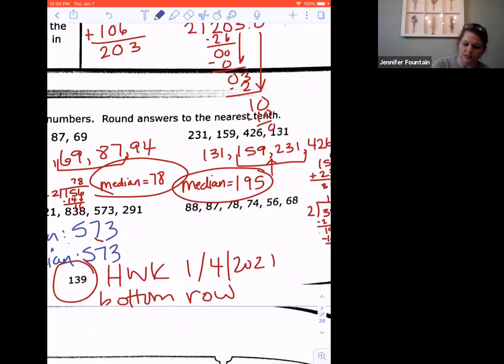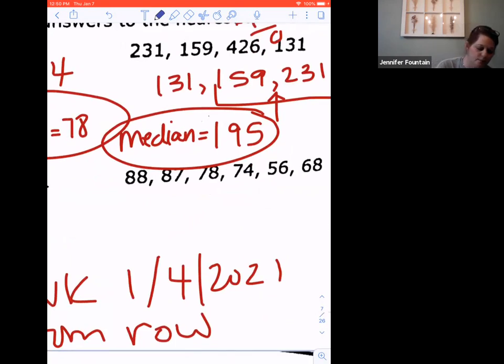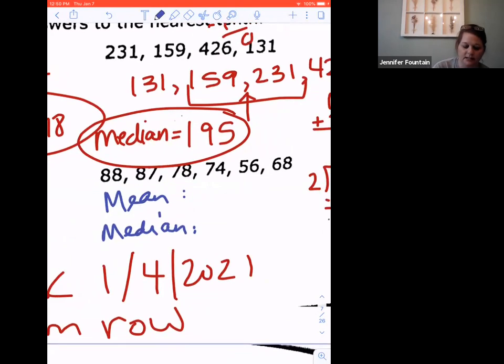And then on the last one, my mean is going to be 75.2 and my median is 76. Any questions?